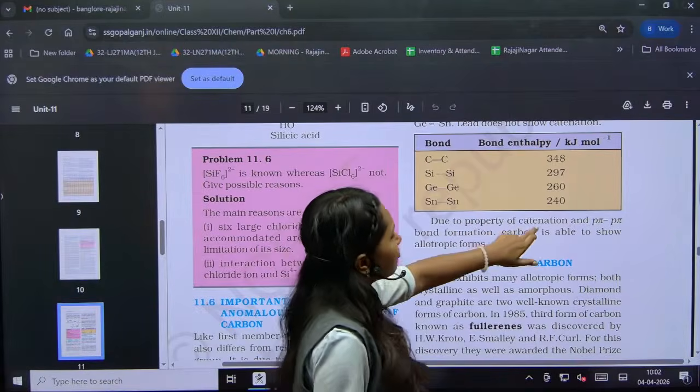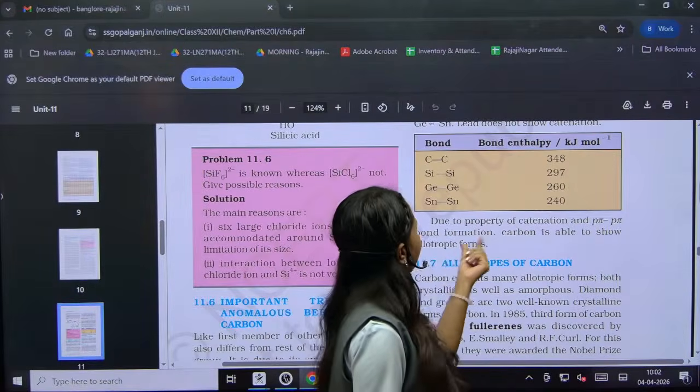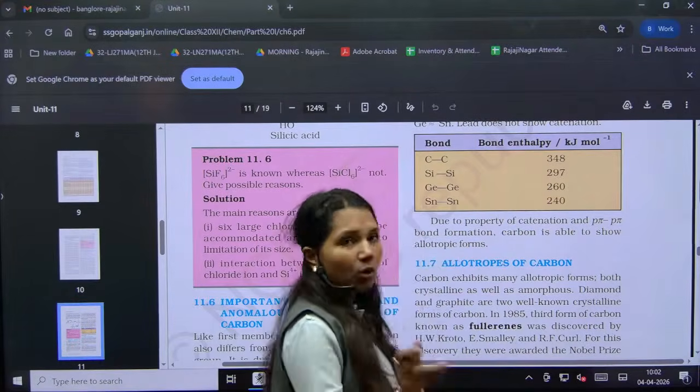Due to the property of catenation and pπ-pπ bond formation, carbon is able to show allotropic forms.